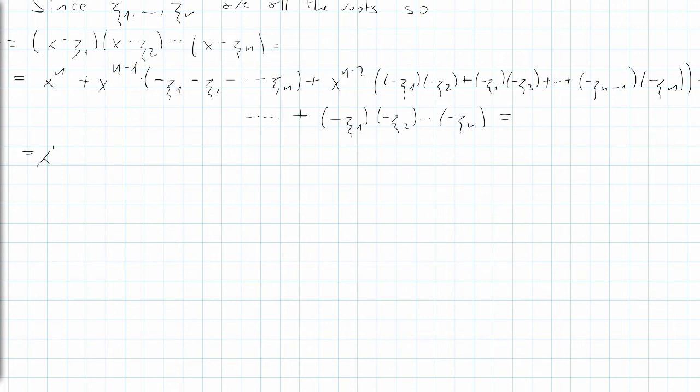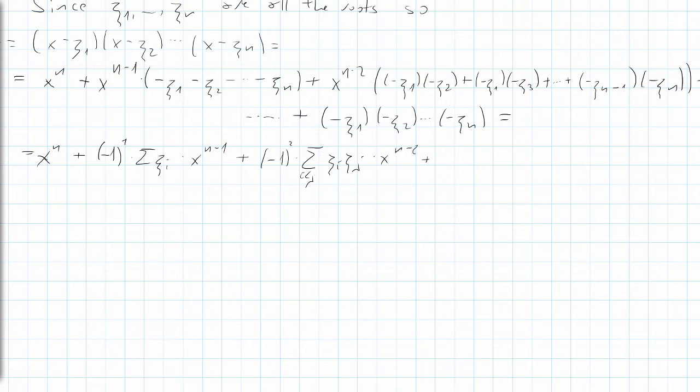So this equals x to the power n, plus, in the next term, we have minus 1 to the first power times the sum of xi i times x to the power n minus 1, plus, in the next term we have minus and minus, so minus 1 to the second power times the sum of the products xi i xi j for i less than j times x to the power n minus 2.